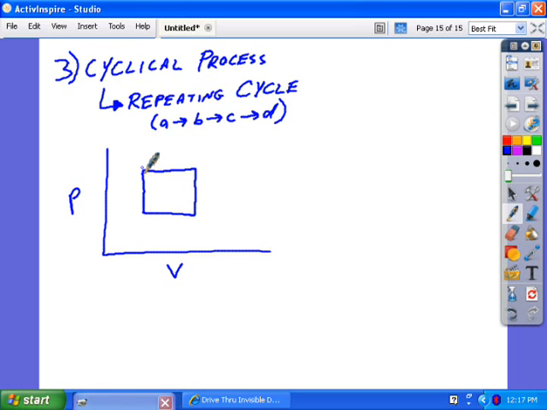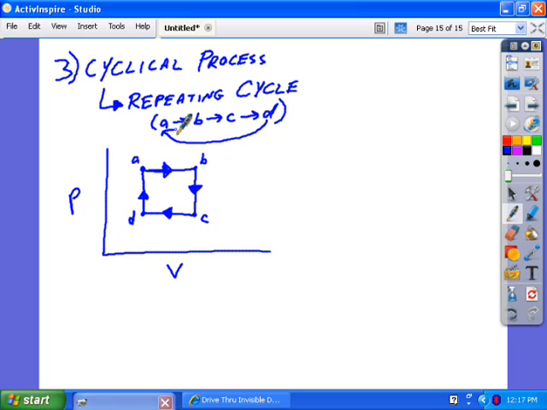So, let's say A is here, B is here, C is here, D is here. You go from A to B, from B to C, from C to D, from D back to A. And you're going to repeat that cycle over and over and over again.